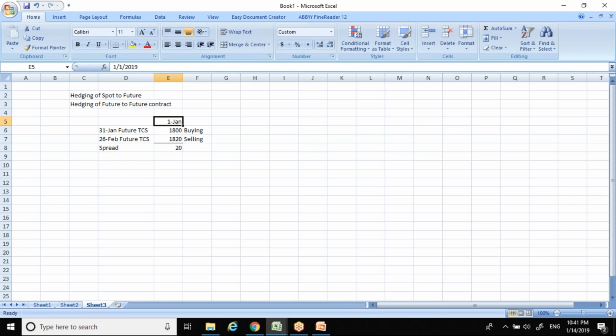Now remember, on 31st January, let's suppose the future contract price goes to 1900. I'm not considering lots here because it would confuse more; in the previous example, it was confusing.